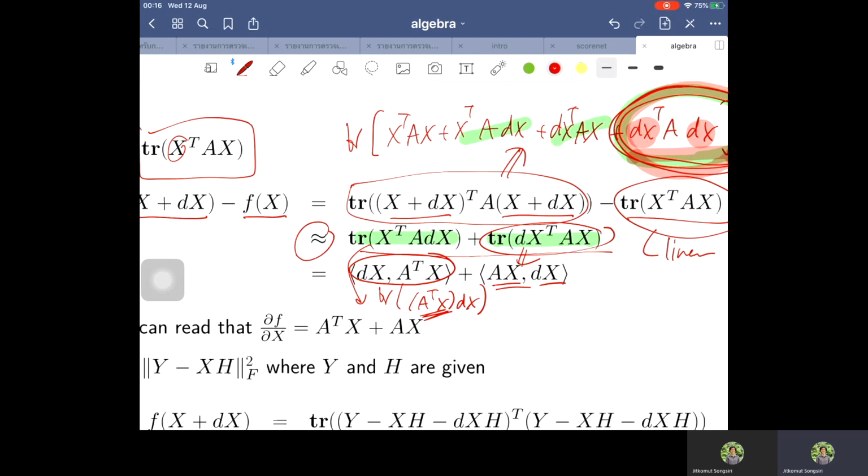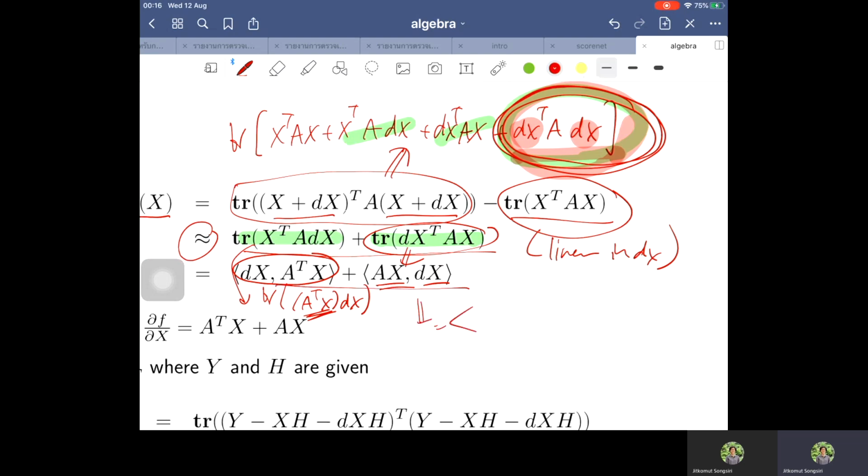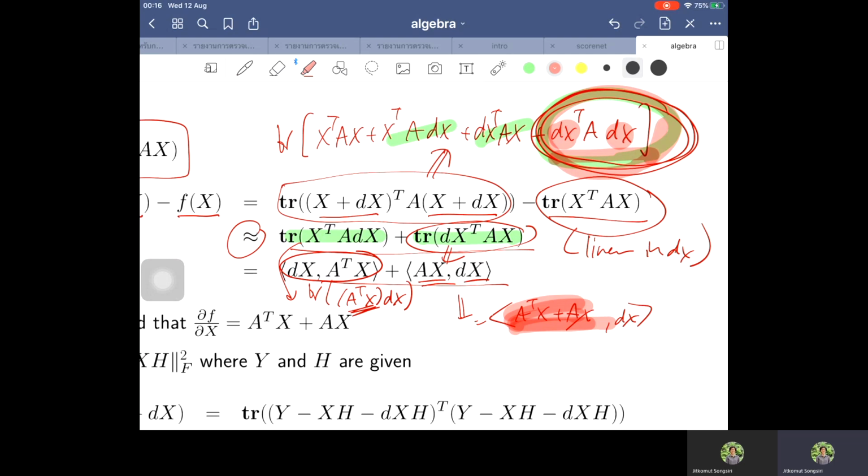Then if you combine the whole thing, it's going to be the inner product between dx with A transpose x plus Ax. And that's why we read that the Jacobian matrix is A transpose x plus Ax.